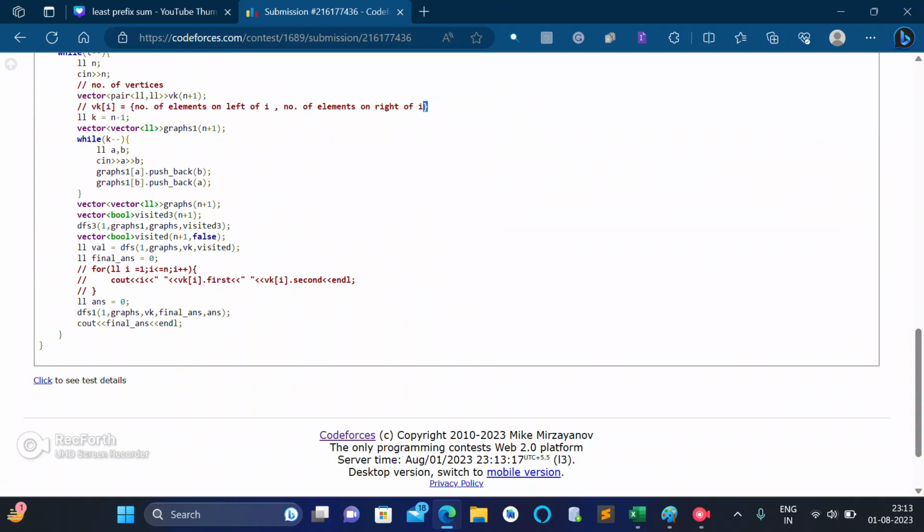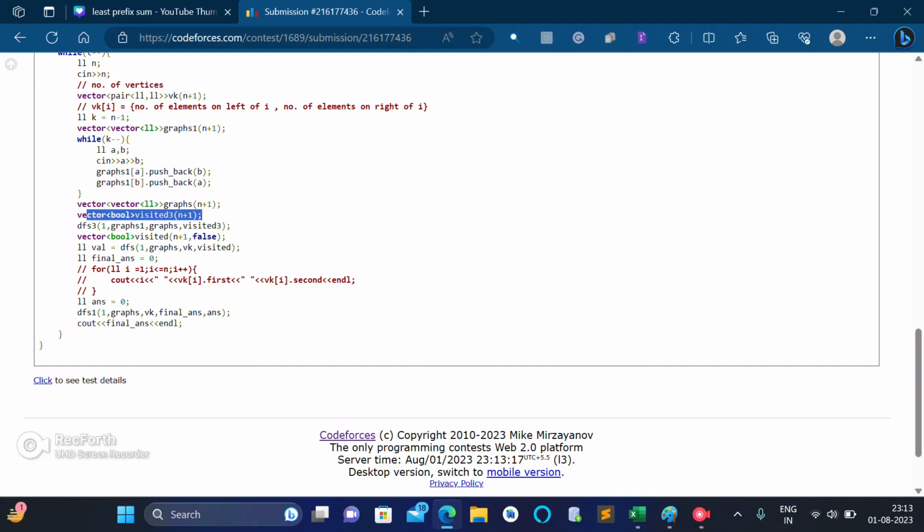So this is the correct code. What I had done is vk of I, the number of elements on the right of I and the number of elements on the left of I. Then this is the input: L, L, A, B, scene A B, graphs of A dot pushback B and graphs of B dot pushback A. I made the graph. I named this graph graph1, not graph.